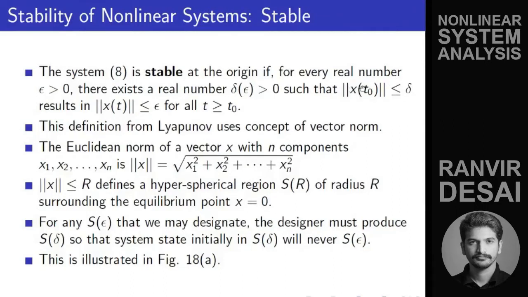The distance of x(t0) from origin, this double pipe, is called the norm, 2-norm or Euclidean norm. It is used to determine the distance of that vector from the origin. It is x1 squared plus x2 squared, because we are plotting it on the x1-x2 coordinate system.